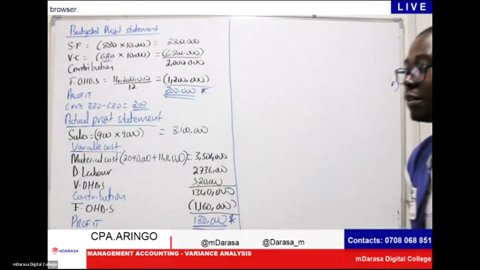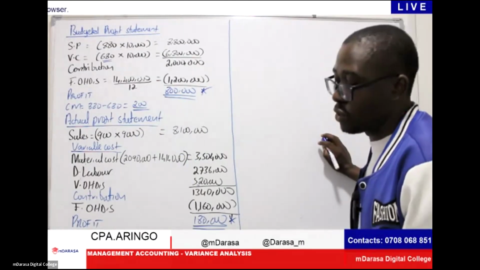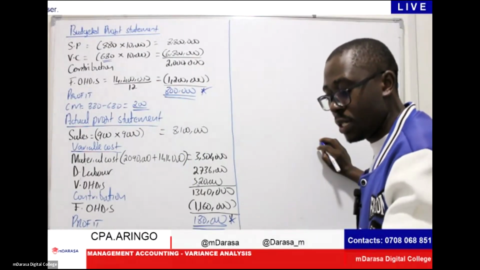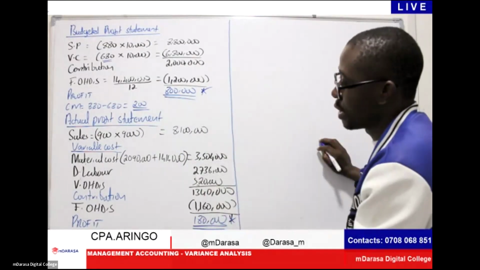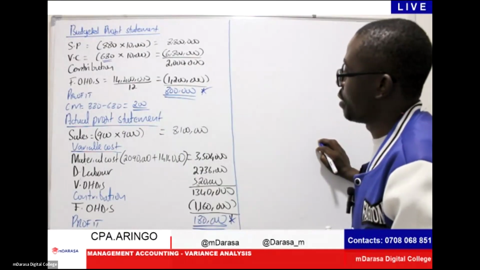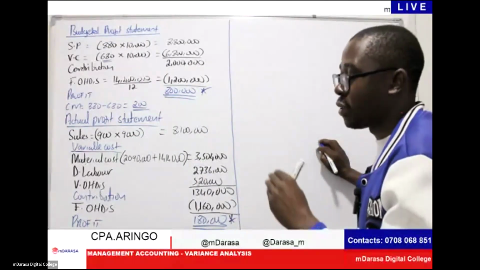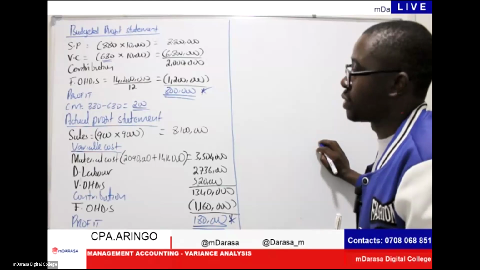Why do we have a difference between budget and actual? This is where the variance will come in. Variance is simply the difference between the budgeted and the actual. So we need to compute our variances to do our reconciliation.